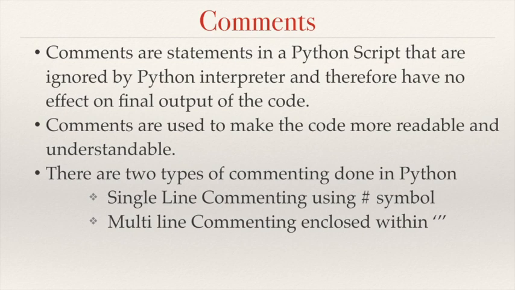There are two types of comments in Python. The first one is single line commenting, used to comment a single line within the code with the help of a hash symbol. And the second one is multi-line commenting, for several lines at a time, by enclosing them all within triple quotes.